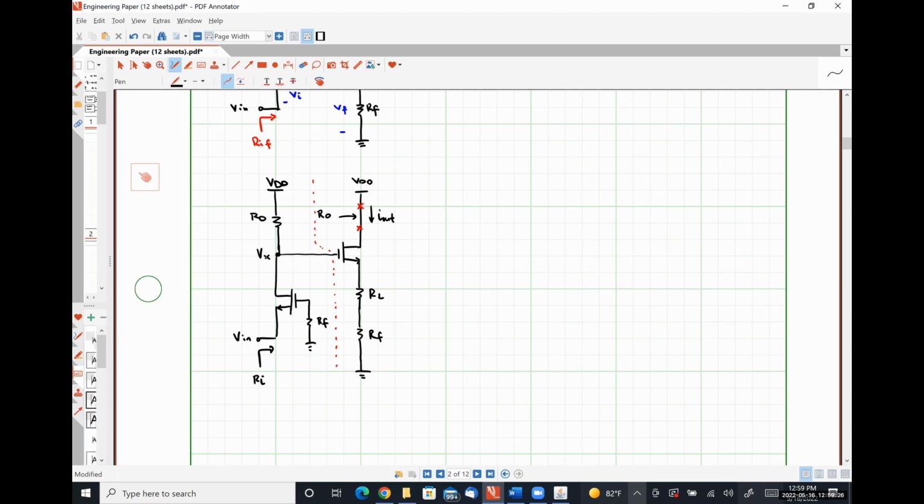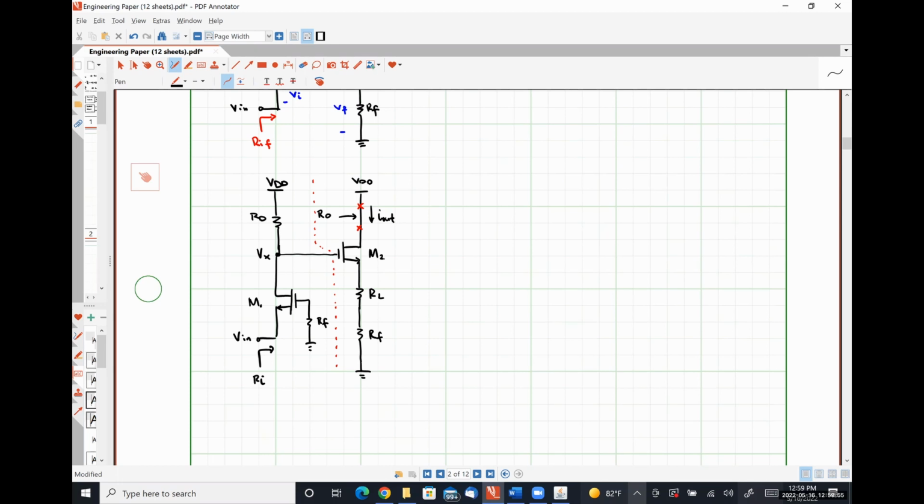Okay. If we are including the effects of channel length modulation for transistors M1 and M2, I'm not sure if we covered what a common gate amplifier looks like with channel length modulation effects included. So we'll spend a minute here and analyze that circuit.